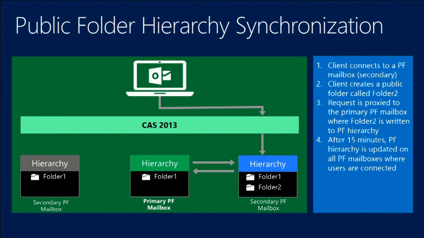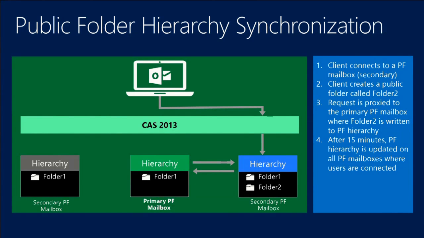And by default, and this setting can be changed in the registry, after 15 minutes, all secondary public folder mailboxes that users are connected to receive the updates. This works in a way that the secondary public folder mailbox asks the primary public folder mailbox if there are any changes, and if there are changes, they just grab them.